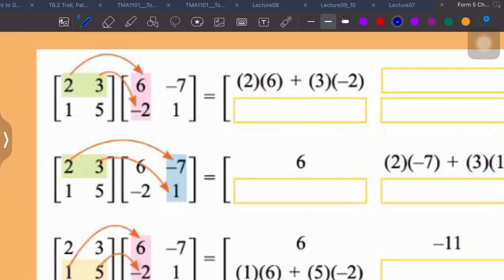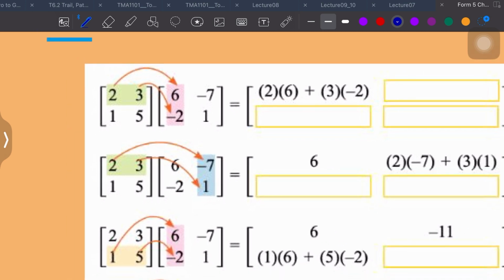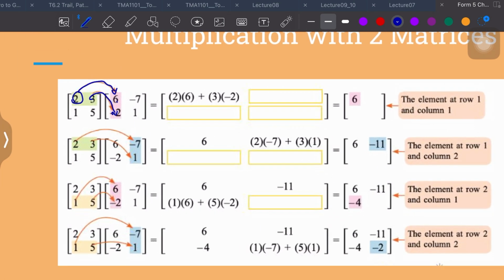Okay, so between matrices, as you guys can see from this row, the first row multiplies with the first column. All you guys need to remember is that from the left you must focus on the row, and from the right you need to focus on the column. Okay, row, column, row, column.